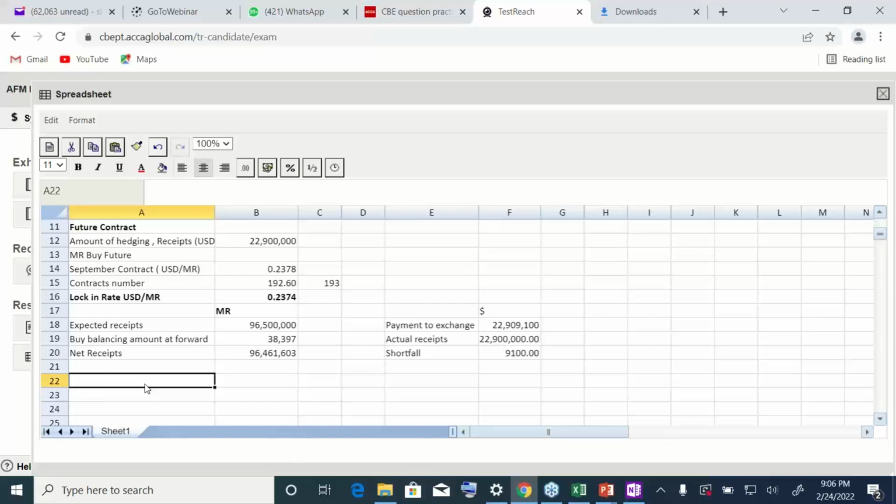Now let's solve the option contract. Currency option. So the first step is same. Amount of currency to be hedged.